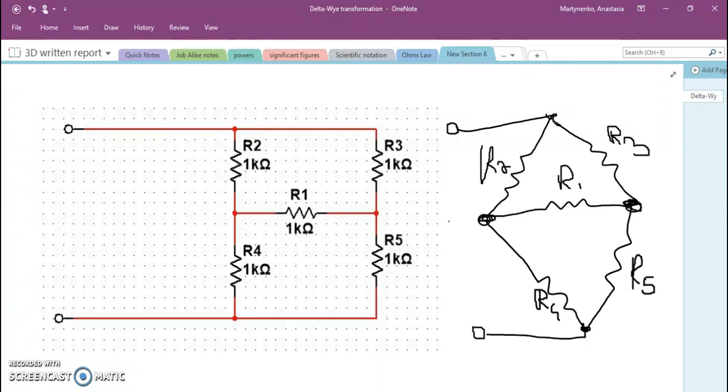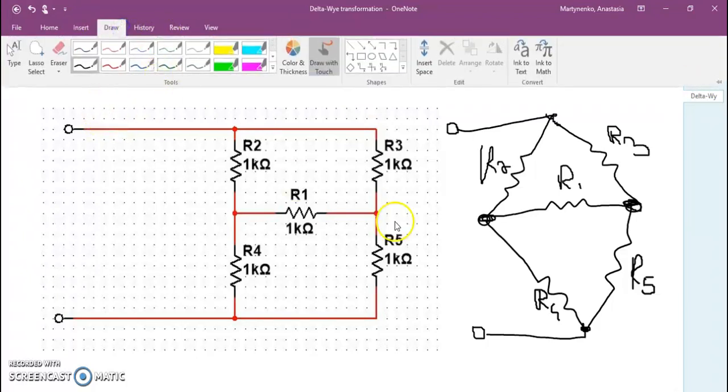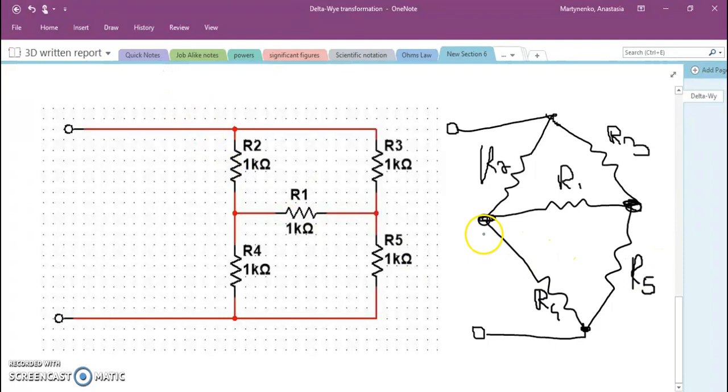So what I'm going to do is I'm going to turn one of those triangles into a Y. So what I want to do is I want to turn the bottom triangle, R1, R4, and R5, into a Y. So instead, I'm going to put in a Y in there.